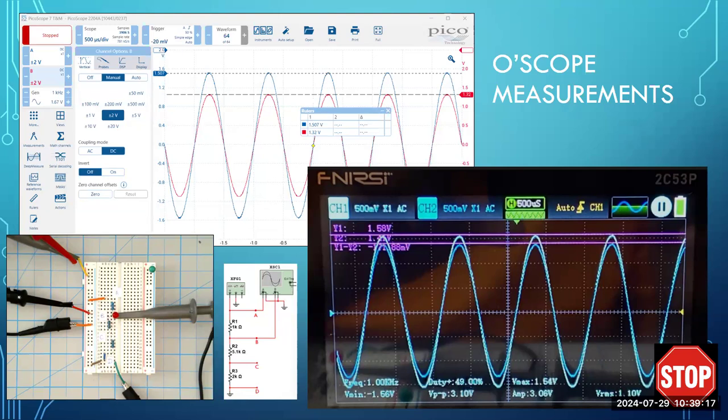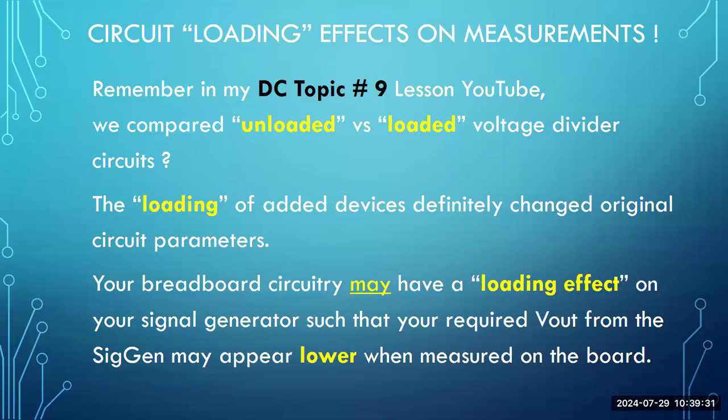So before we do the oscilloscope measurements, there's something very important for you to understand, and that is the concept of loading. Circuit loading effects on your measurements.